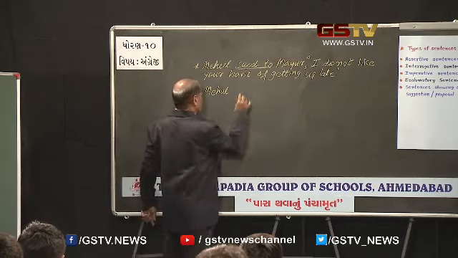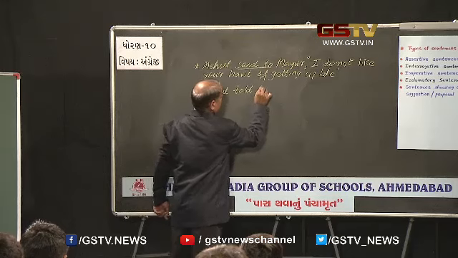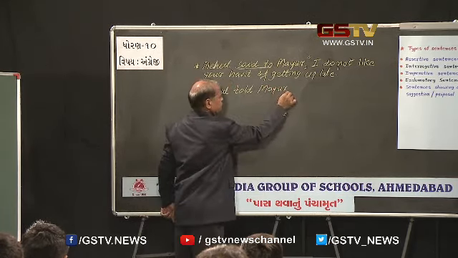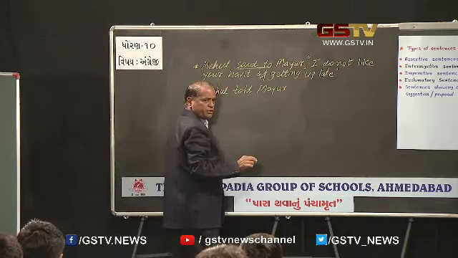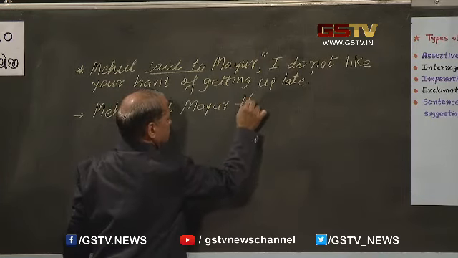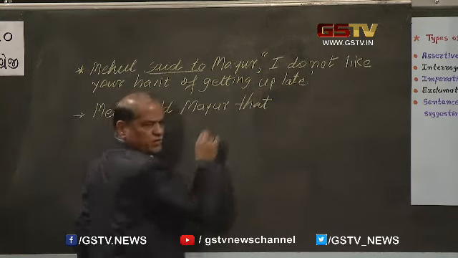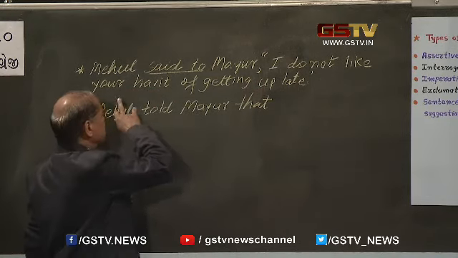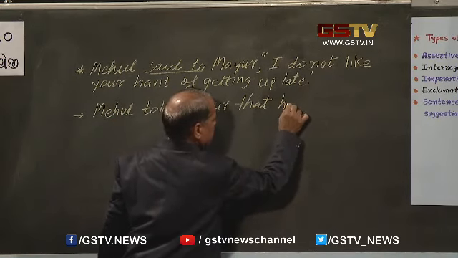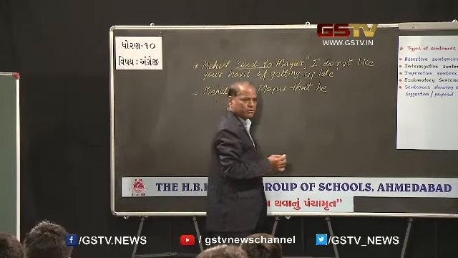Said will be converted into told. Now, inverted commas will be replaced by that. I, the first person pronoun, will be changed according to the reporter. As I have told you, do not is converted into did not.